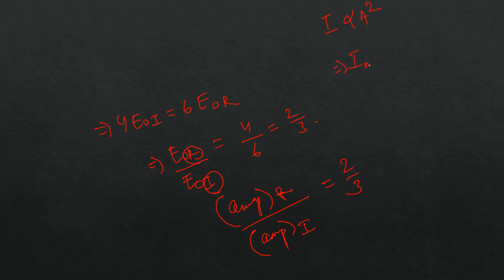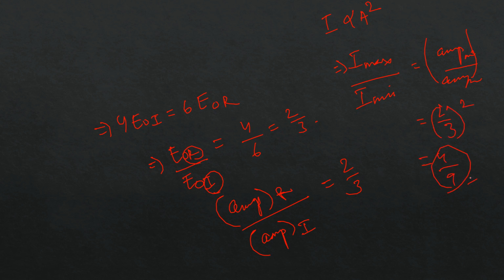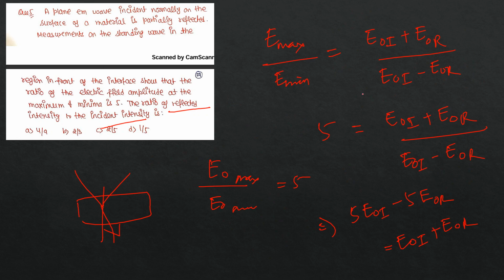So the intensity ratio is the amplitude ratio squared, that is 2 by 3 whole square, which is 4 by 9. Is it right? So these are the methods again. Same thing, you just have to remember these formulas.